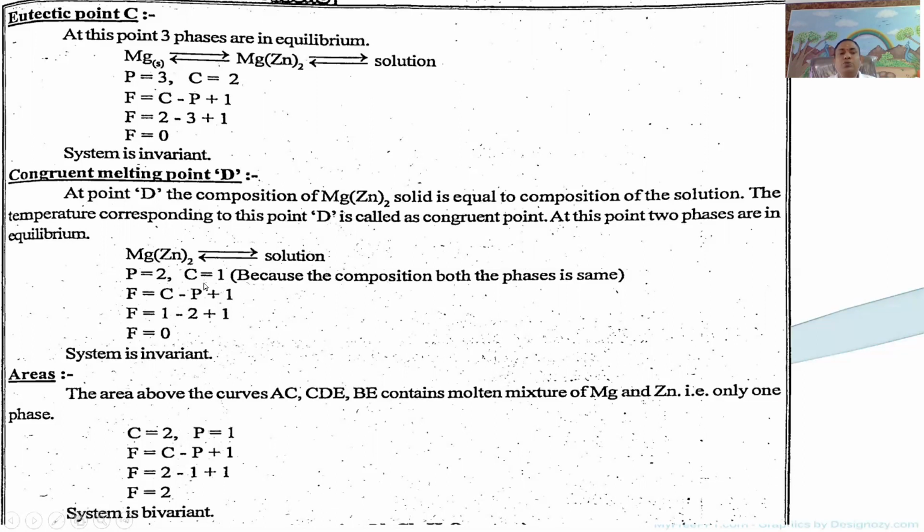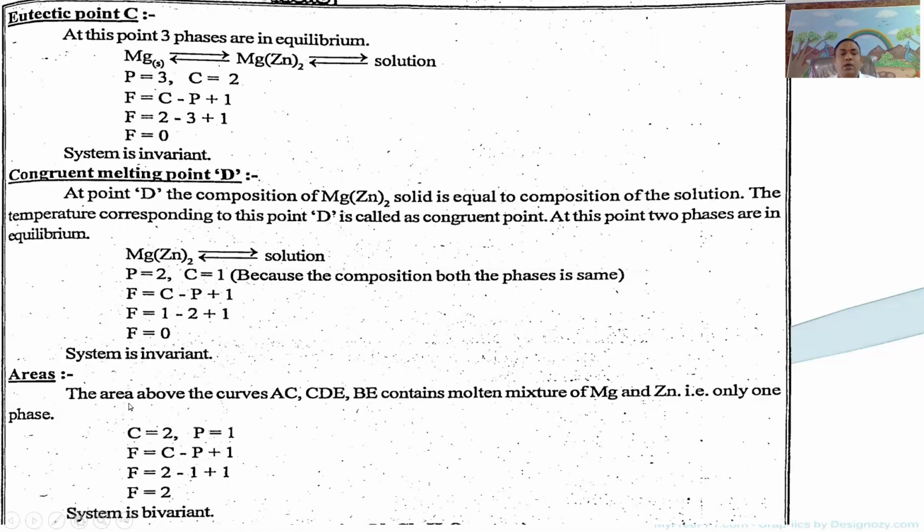Here P is 2 and C is 1, because the composition of both the phases is the same. Therefore, F equals C minus P plus 1, whereas F equals 1 minus 2 plus 1, F equals 0. Therefore, it is also a zero variant system or invariant system.